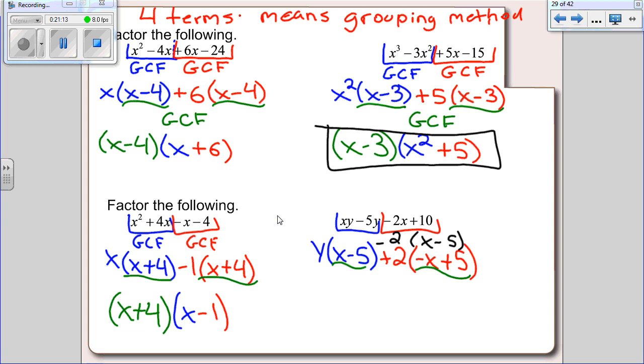Yeah, go ahead, Courtney. In the first time it was positive, because I only divided these by positive 2. So negative 2x divided by positive 2 was negative x. Pardon? I just didn't hear you. How did I get 2? I chose it because if we can't take a negative out of both, we usually go with positives.